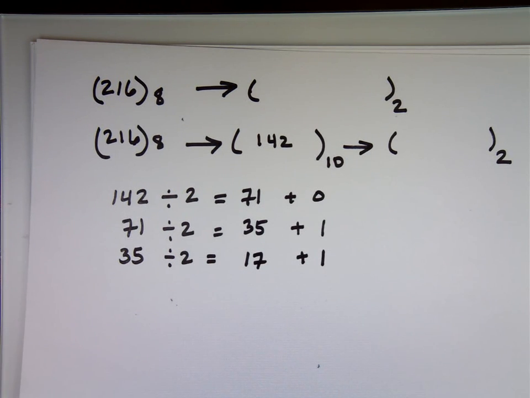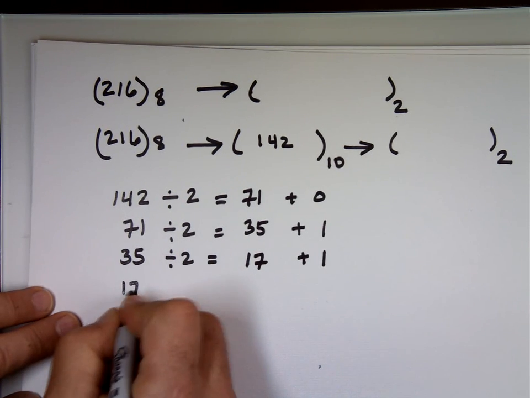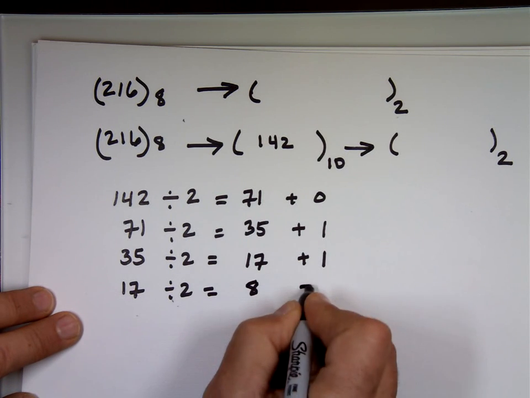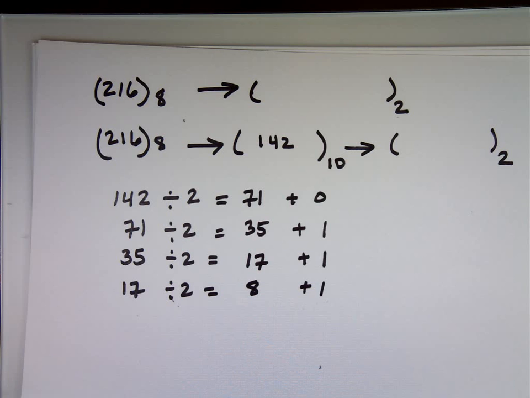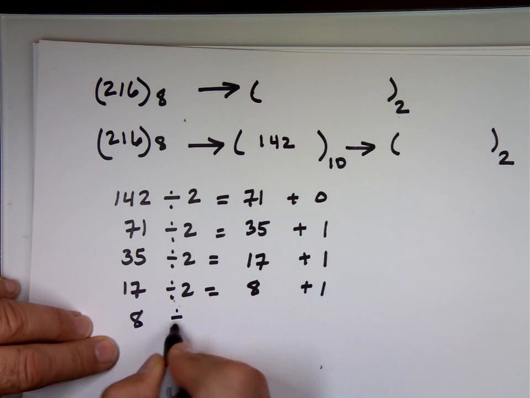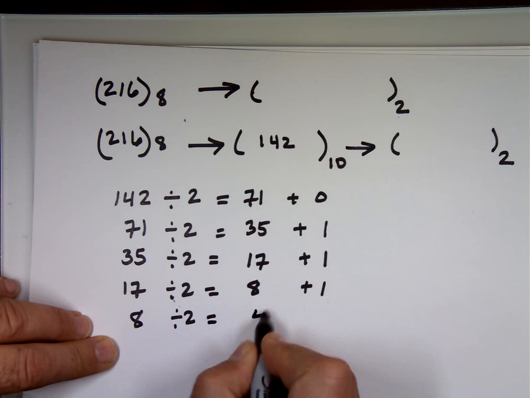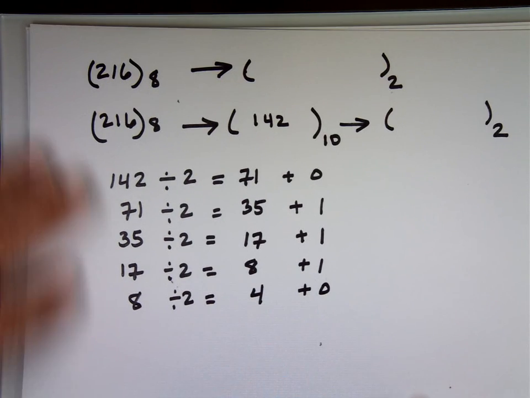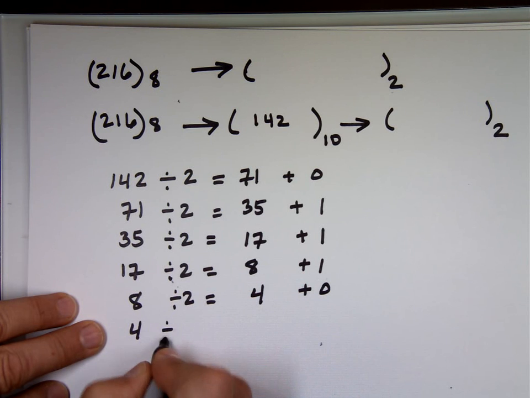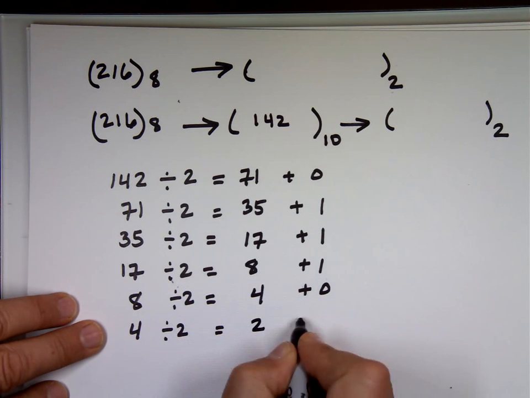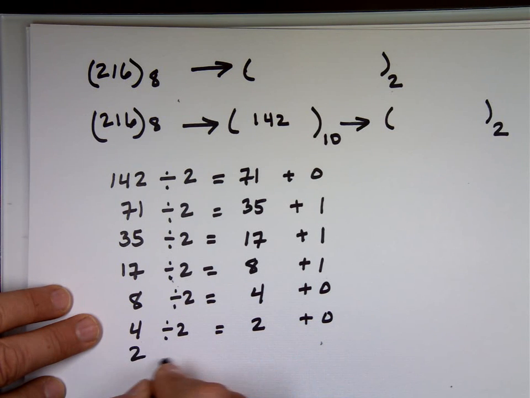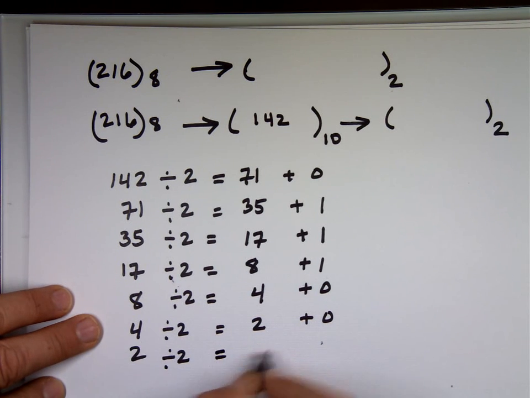Take the 17 and divide it by 2. 8, remainder of 1. Take the 8 and divide it by 2. 4, remainder is 0. 4 divided by 2. 2, remainder of 0. 2 divided by 2. 1, remainder of 0.